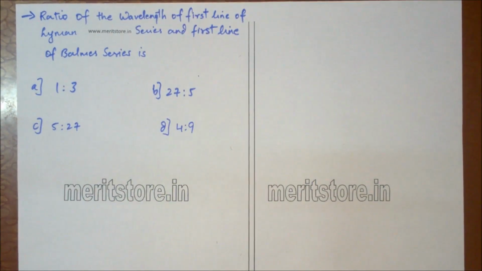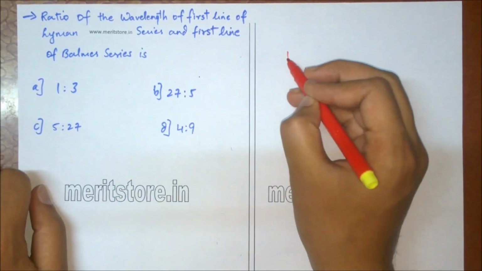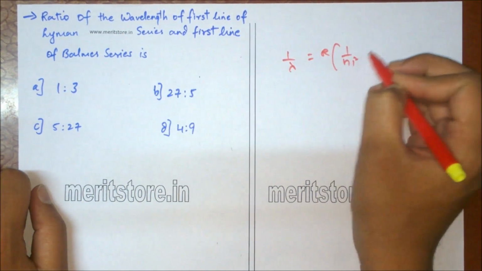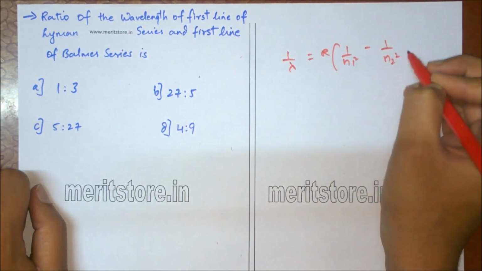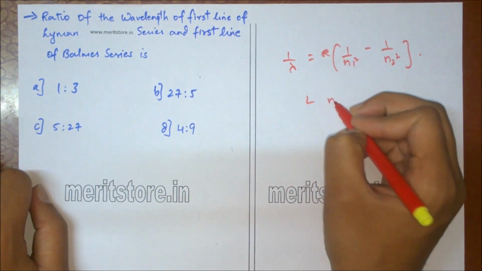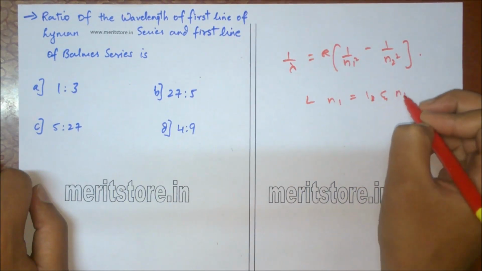The ratio of wavelength of the first line of Lyman series and the first line of Balmer series: 1 upon lambda is equal to R into 1 upon n1 square minus 1 upon n2 square. For the first line of Lyman series, n1 is equal to 1 and n2 is equal to 2.